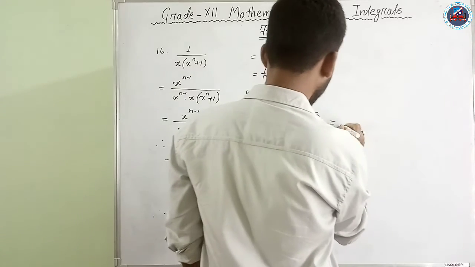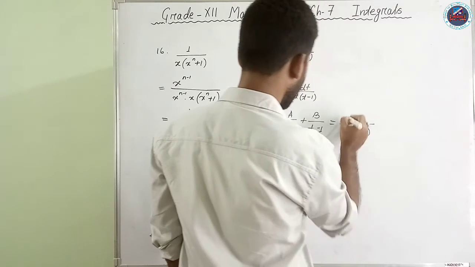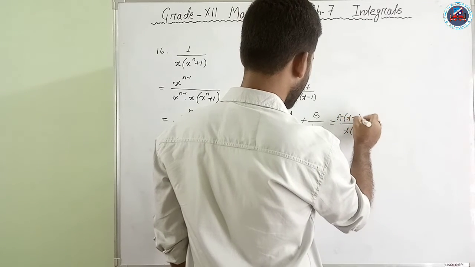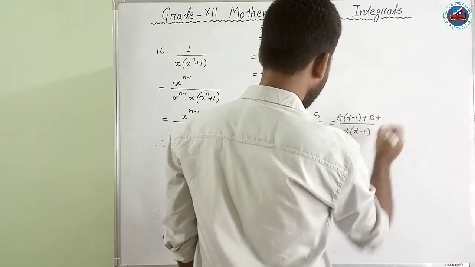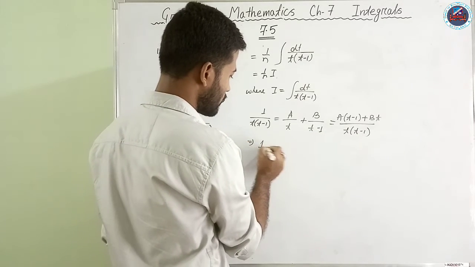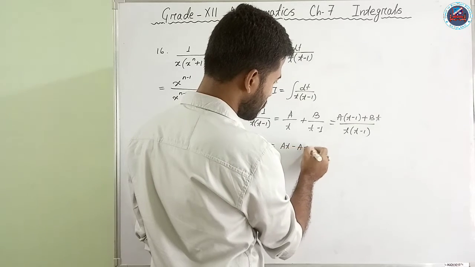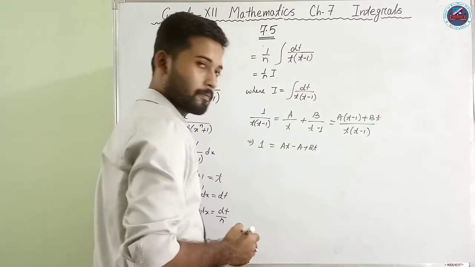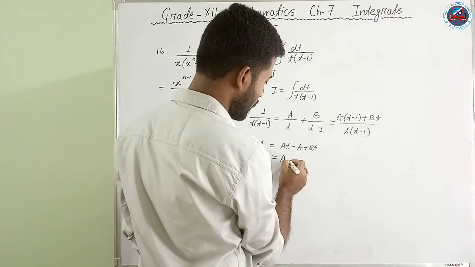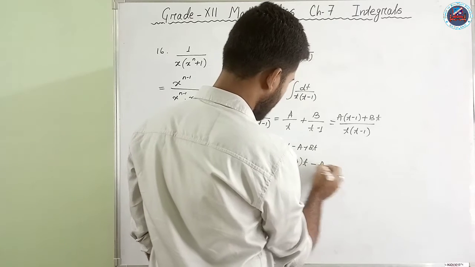So if I take the LCM, it will be t into t minus 1, and here it will be a into t minus 1 plus bt. So I can cancel out the denominators, and we shall be left with 1 is equal to at minus a plus bt. Okay, so this will give us a plus b into t minus a.